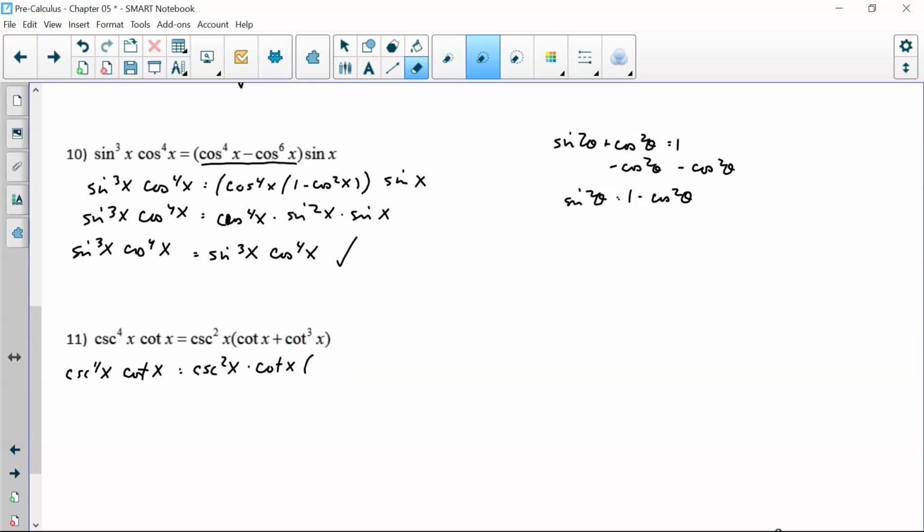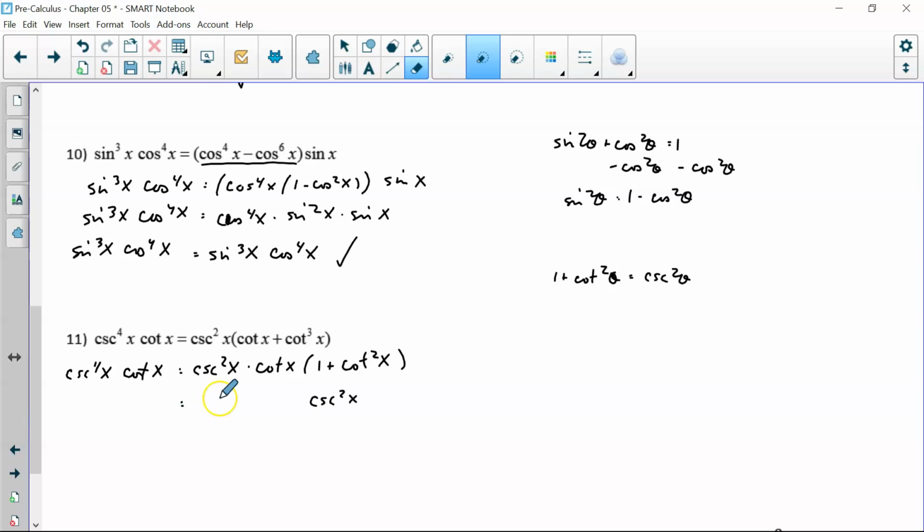And when I do that, I get 1 plus cotangent squared of x. And that should be throwing up some alarm bells. Remember, 1 plus the cotangent squared of theta equals the cosecant squared of theta. So instead of writing 1 plus cotangent squared, I can put cosecant squared.